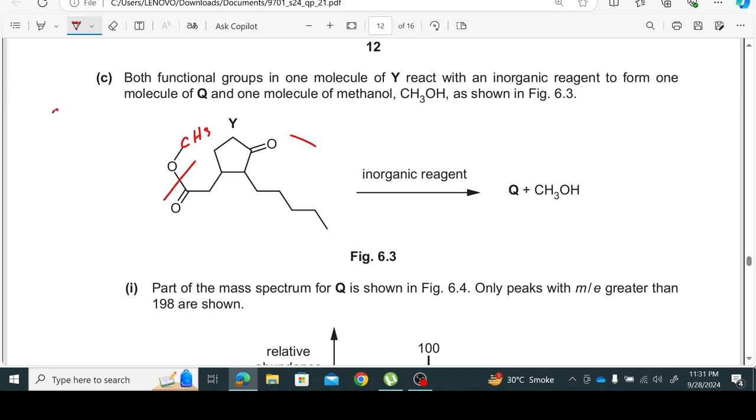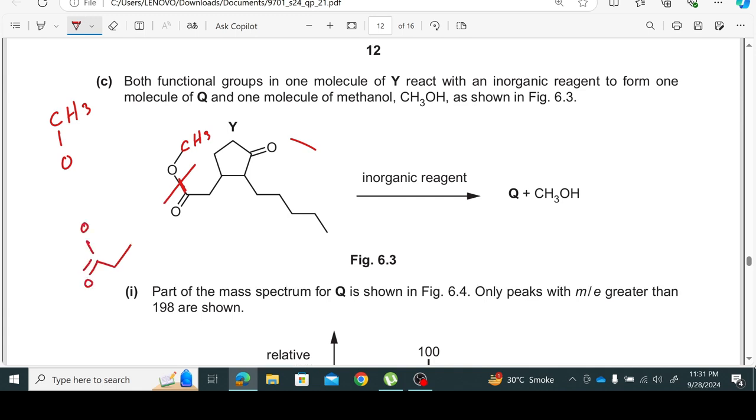I will get CH3 with O, and I will get this OH, plus I will put O here. It is your alcohol methanol and you will get a carboxylic acid. So your reagent is water, because you're doing hydrolysis. The inorganic reagent is water because this reaction is hydrolysis of an ester.